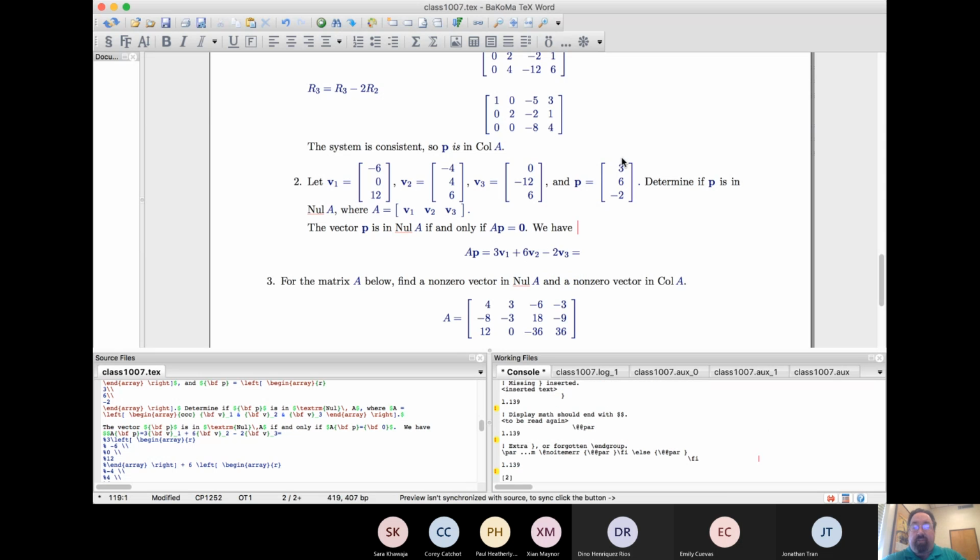So we just go ahead and carry out this matrix vector multiplication. If we look at the elements of P, that's 3, 6, and -2. So matrix vector multiplication is 3 times the first column plus 6 times the second column minus 2 times the third column. Just work out what that is.